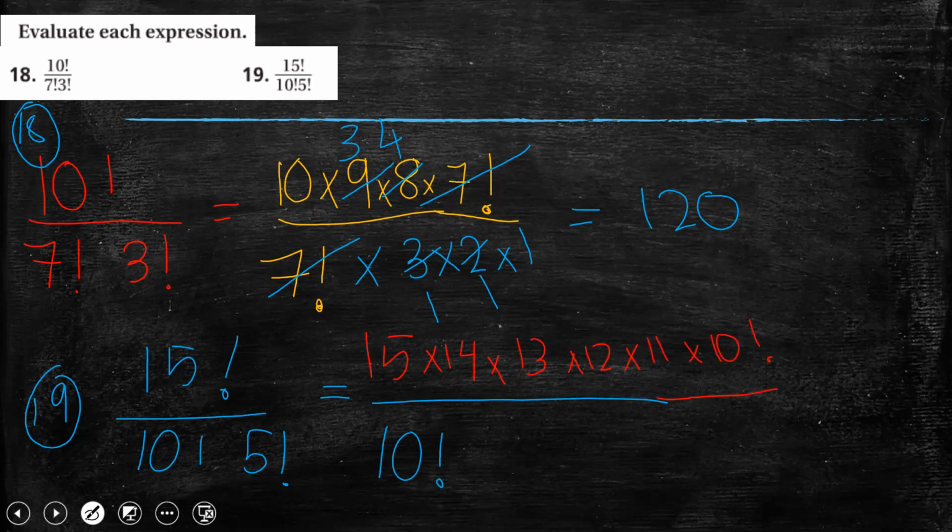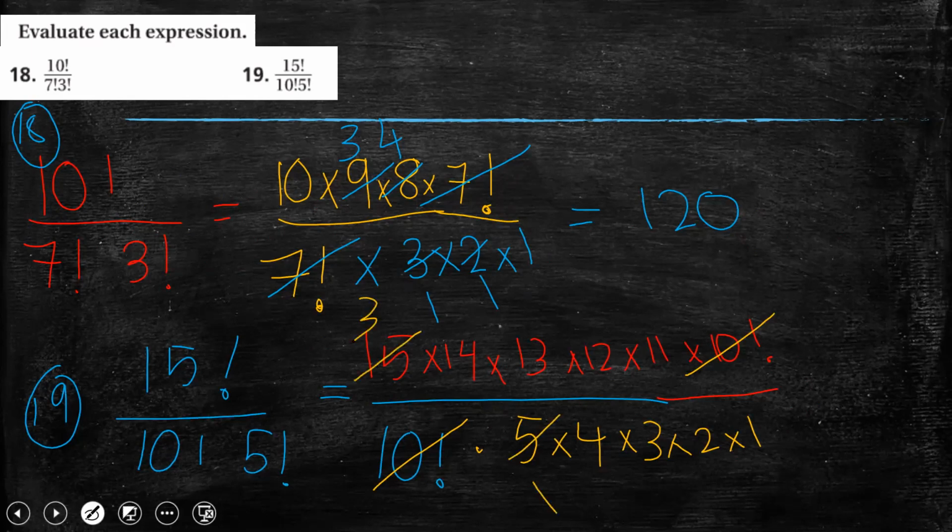And then I will write the factorial of 5, which is 5, 4, 3, 2, and 1. Then they cancel each other, and we can simplify. It's 3003.